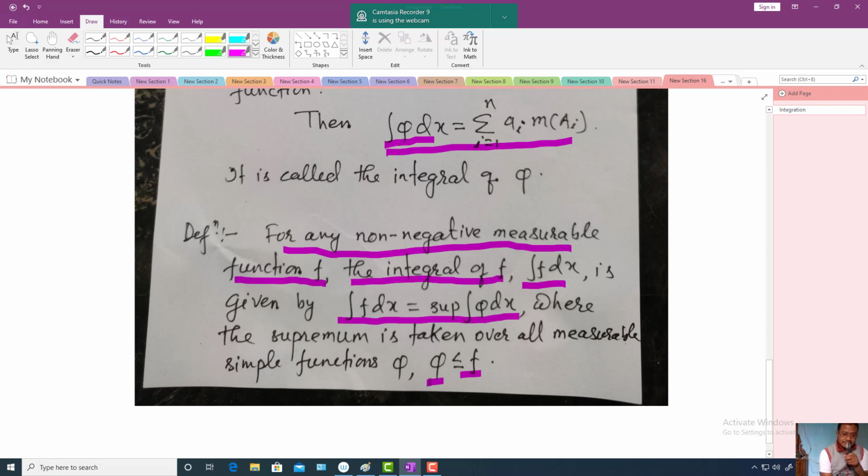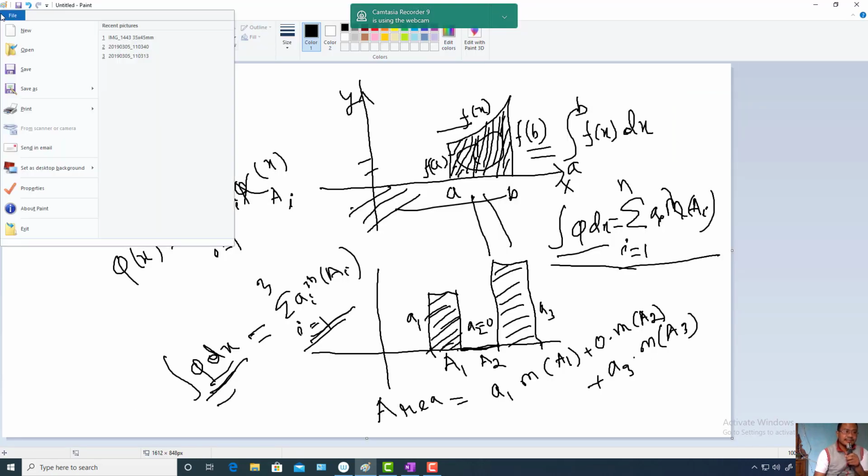So you have lots of values. Then you take the supremum of all those values. The supremum is the integration of the non-negative measurable function.